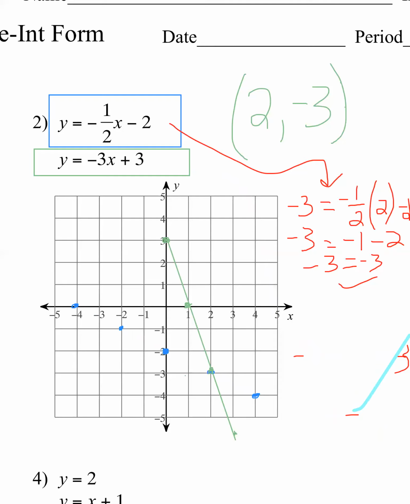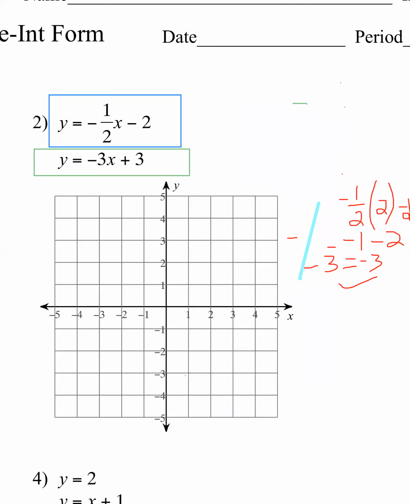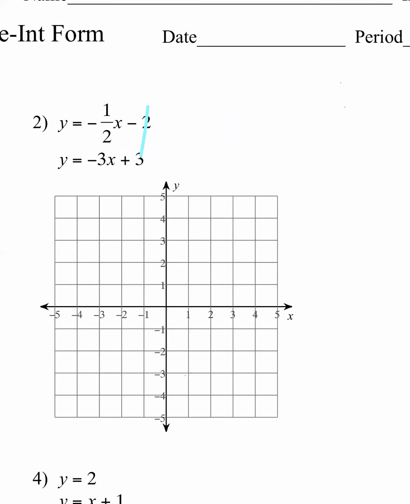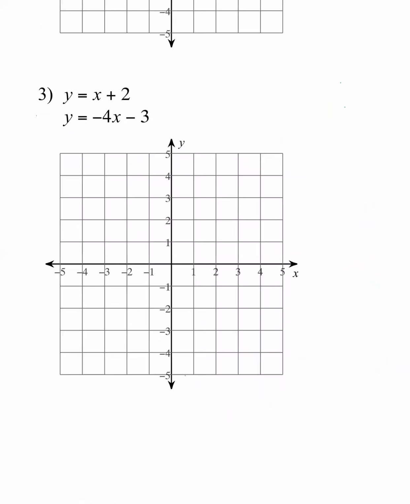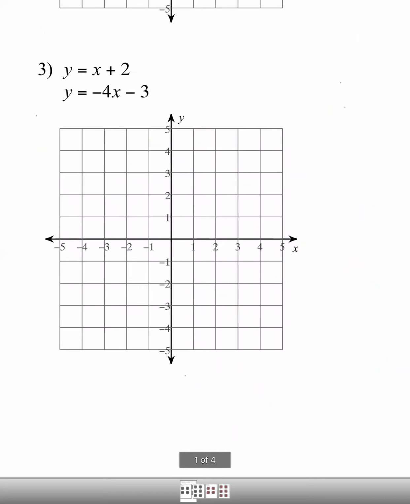Okay, so let's go ahead and try the third one together. Just erase all this stuff. So third one, real quick, we're getting good at these now.